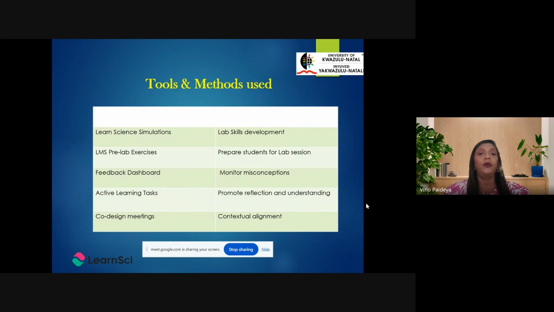Right. So just to summarize what I've been saying, the Learn Science simulations allowed the students to develop lab skills. The LMS pre-lab exercise prepared students for a lab session. And the feedback dashboard monitored misconceptions.